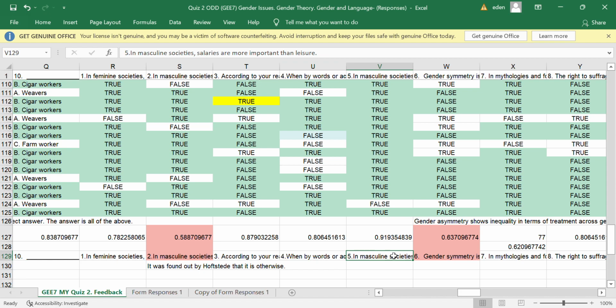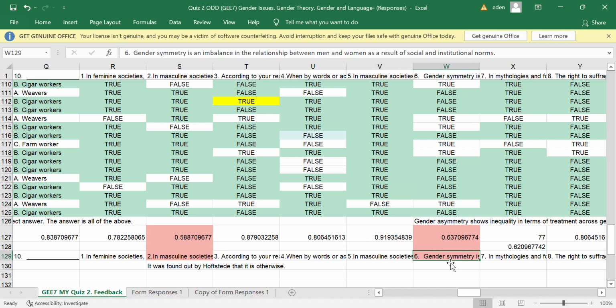So you can imply that from the fact that men are assigned the traditional gender role of taking over the productive work, and they have to work to earn for their family. So the answer here is true. So that is the question that seems to be the easiest for you.